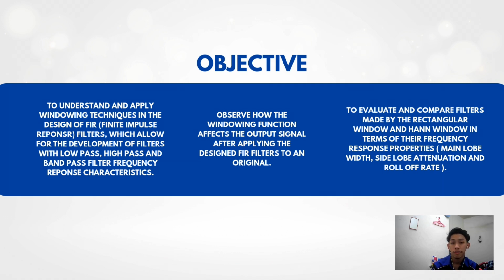Next is to observe how the windowing function affects the output signal after applying the designed FIR filter to an original signal. Next is to evaluate and compare filters made by the rectangular window and Hann window in terms of their frequency response properties: main lobe width, side lobe attenuation, and roll-off rate.